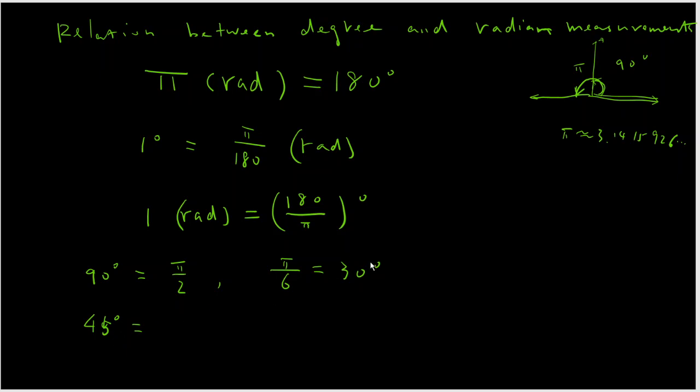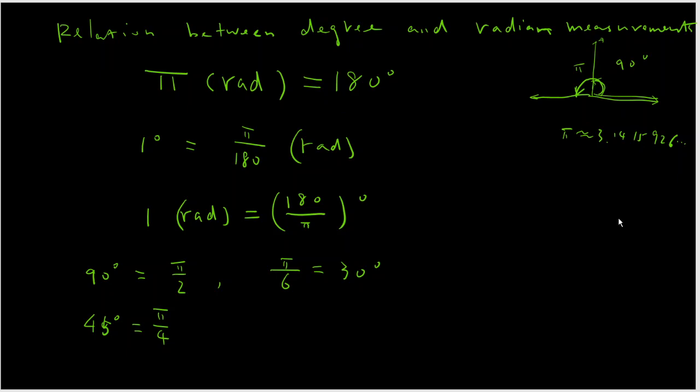It's pi over 4 in radian. Or from the original relation, you divide two sides of the equation by 4, right? You have the same thing. Or from here, you multiply two sides of the equation by 45. You also have the same thing. Again, the very basic one to do any conversion is the first formula.